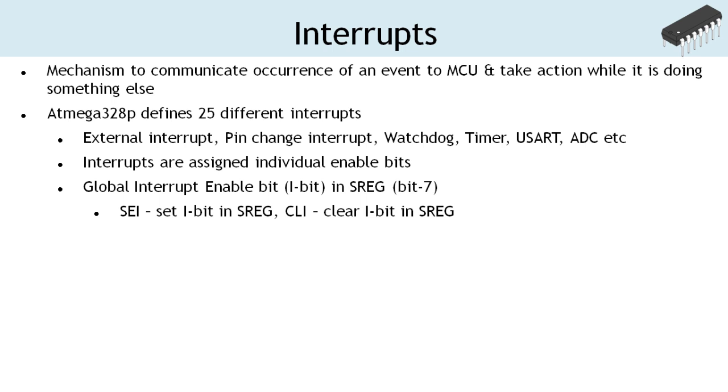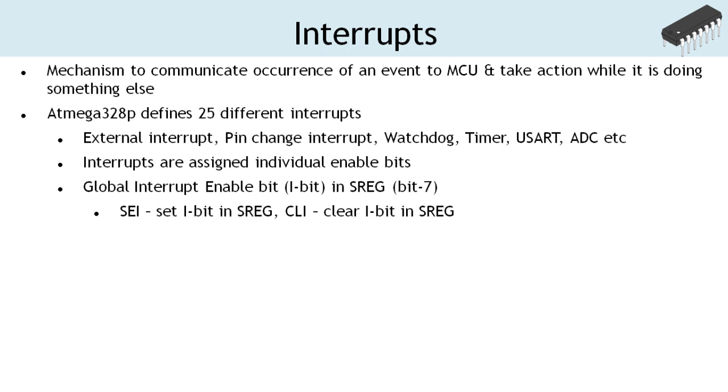There are 2 external interrupts, 3 pin change interrupts, and interrupts from on-chip components like timers, watchdog timer, analog to digital converter, USART, etc. Each interrupt is assigned individual enable bits which must be written logic 1 to enable them. And global interrupt enable, that is the I bit in the status register, is used to enable or disable the interrupts at global level.